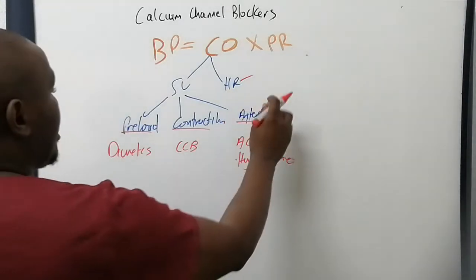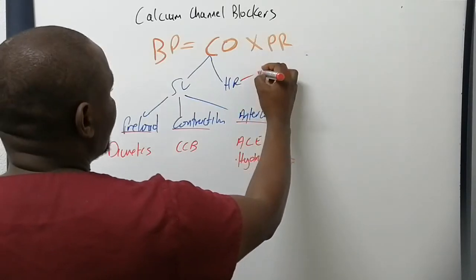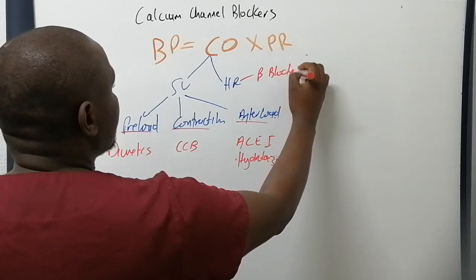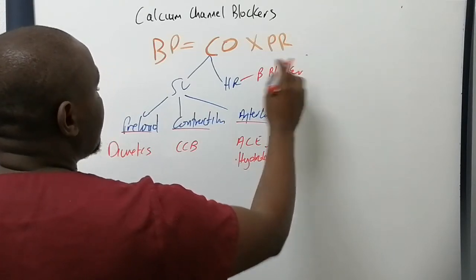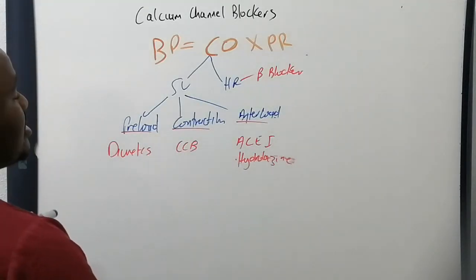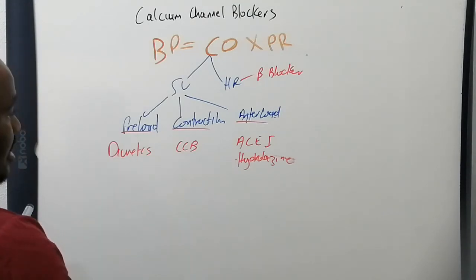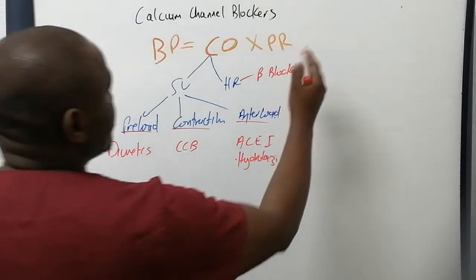Then up here for heart rate we've got beta blockers. You know the different types, selective and non-selective.